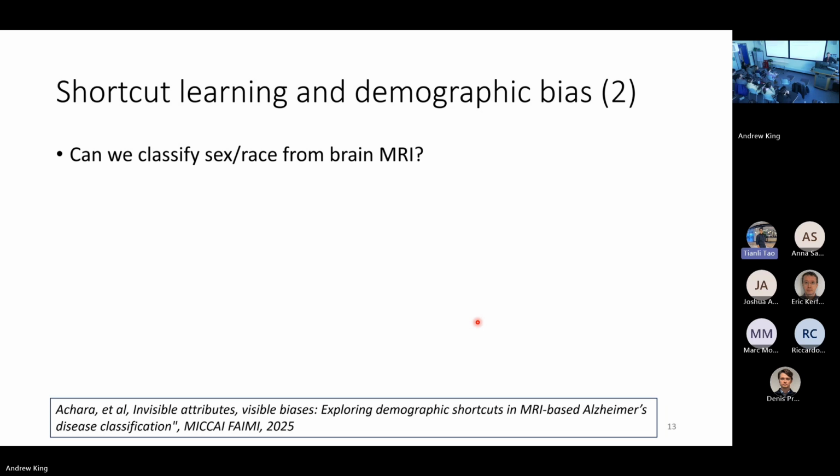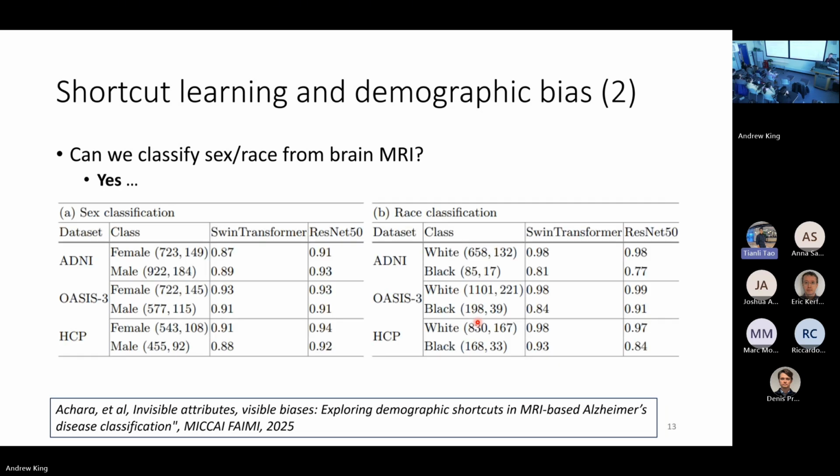So the answers to these two questions are, first of all, yes. We can identify sex and race from brain MRI. And you can see here across a range of different data sets, ADNI, OASIS 3 and HCP, across a couple of different models, we're getting performance consistently in excess of 0.8, mostly in excess of 0.9. So AI can easily identify somebody's race or sex just from a 3D image of their brain.